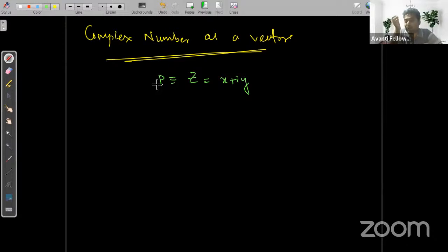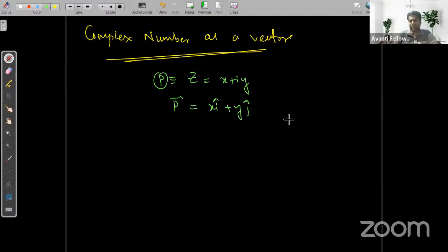We represent the complex number by the position vector. So the point is P, and we can represent this complex number as the position vector of point P, that is x i cap plus y j cap.